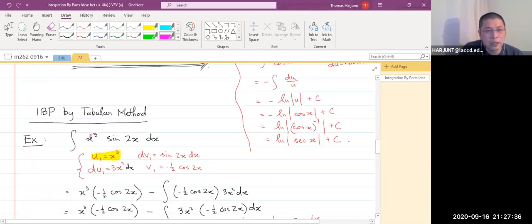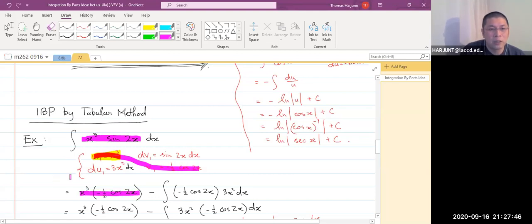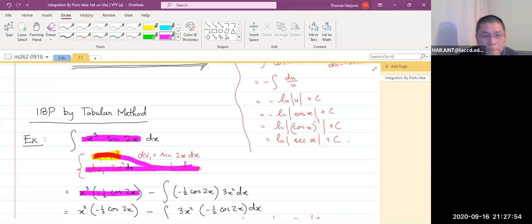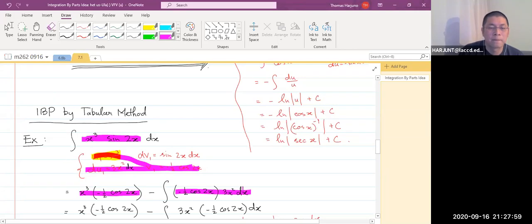This integral is equal to the product of this minus the integral of this.